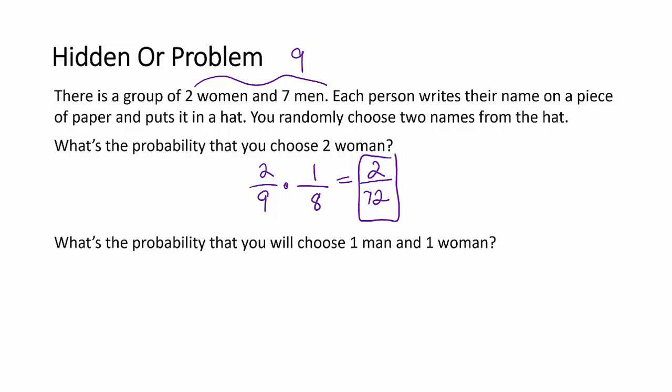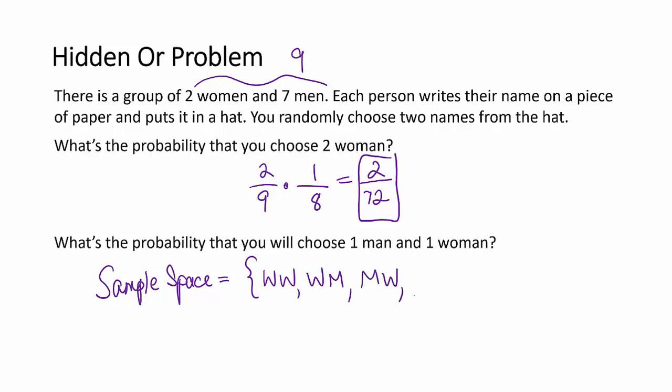Let's say we took a look at our sample space. Right? A sample space is all of the events that could happen. So we could have chosen a woman and a woman, like the first question asked. But we could also choose a woman and then a man. We could choose a man and then a woman, or we could choose a man and then another man.